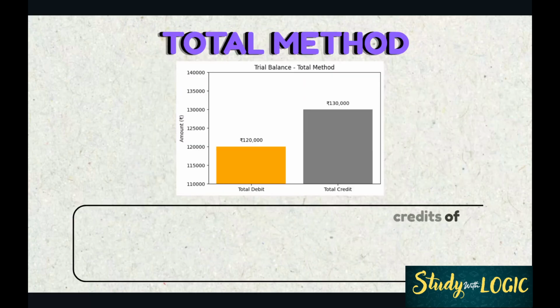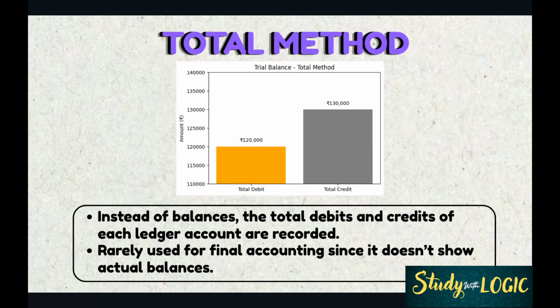The next one is the total method. Now, what is this total method? Under this method, the total of the debit side is shown in the debit column and the total of the credit side is shown in the credit column of the trial balance. The balance of the debit and credit side should be equal.